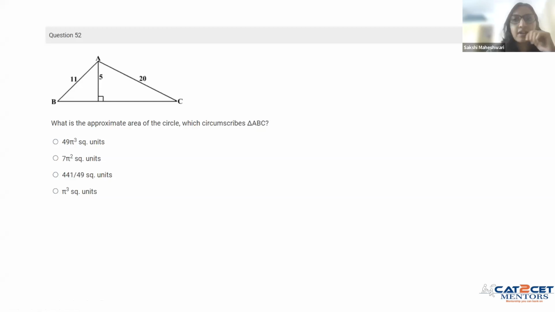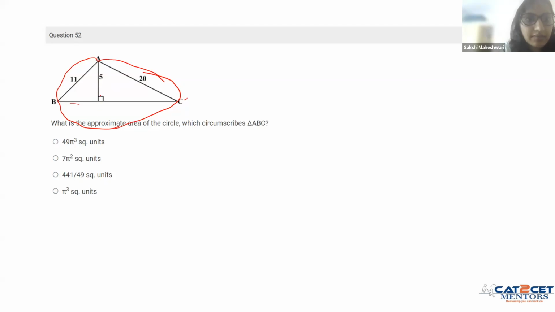Now here, approximate area of the circle which circumscribes ABC. Since this circumscribes, it's not mentioned that this will be the diameter, so don't assume that. We need to find the approximate area of the circle.